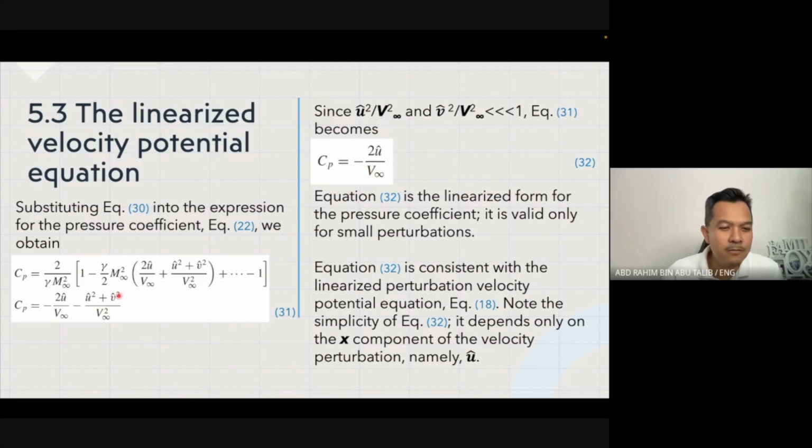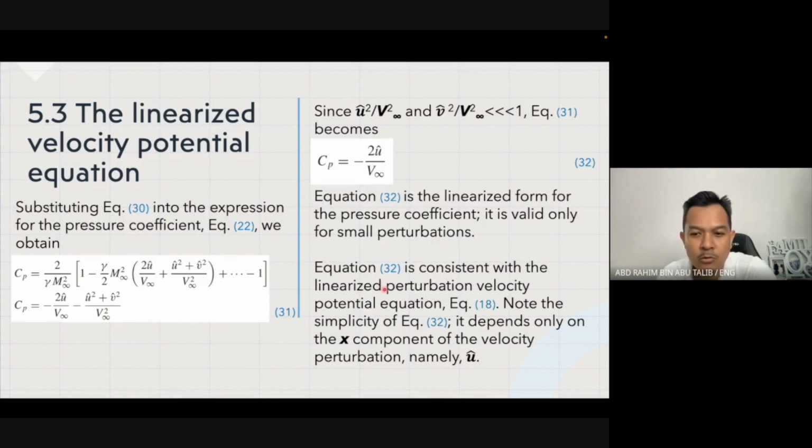Because these components are very small, equation 32 is what we call the linearized form for the pressure coefficient, and it is valid only for small perturbations.